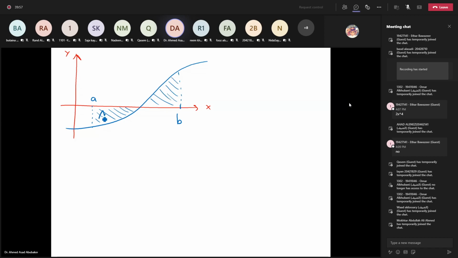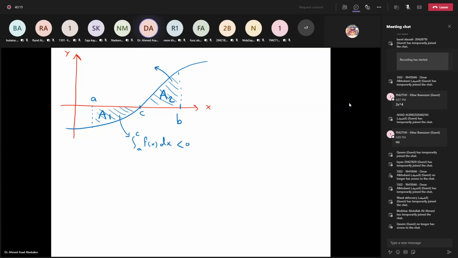This is called A1, for example, and this is A2. Okay. Here, the integral from A to C, if we have C here, of f of x dx, this is less than 0. But here, the integral from C to B of f of x dx, this is greater than 0.